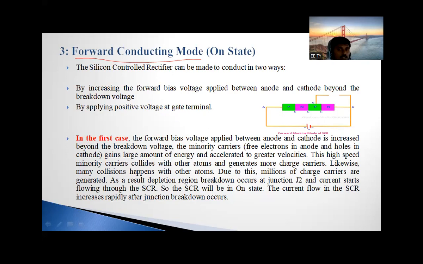One is the gate still is open, but anode is connected to positive and cathode is connected to negative. So by increasing this voltage more and more, जितना वोल्टेज है उससे कई गुना ज्यादा. Okay, means for example, if the thyristor requires 100 volts, if you apply 500 or 600 volts, then what will happen? It is many times the rated voltage now.